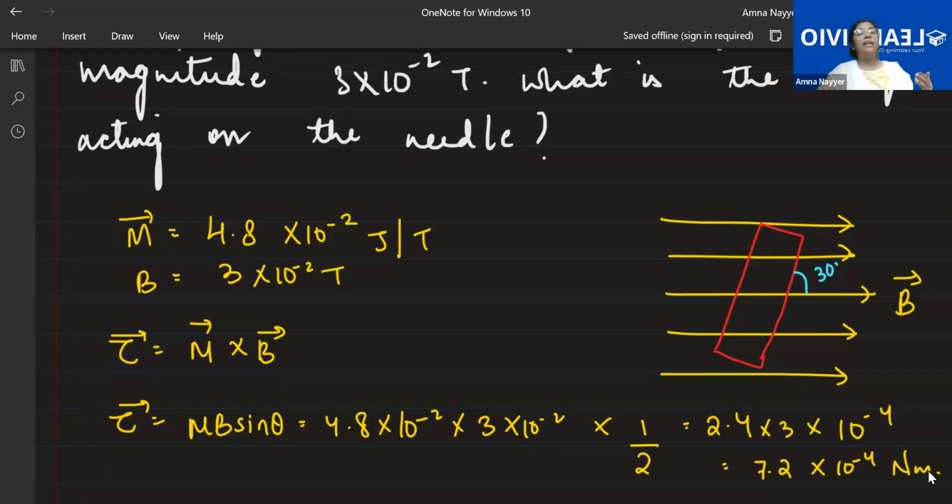Now let's see the properties of magnetic field. The way we discussed electric field once, that question often comes.